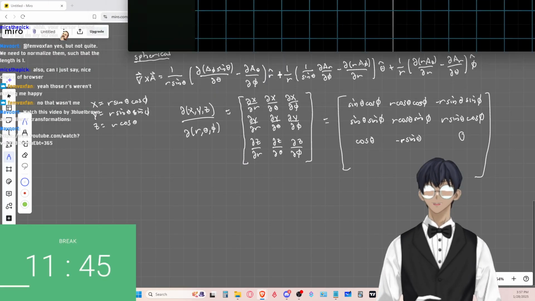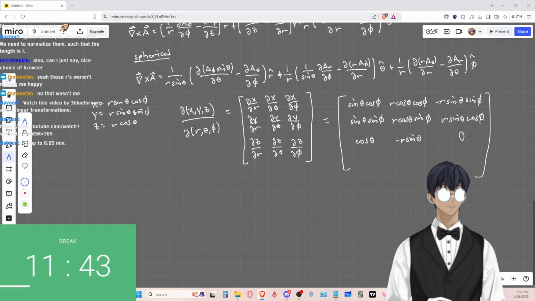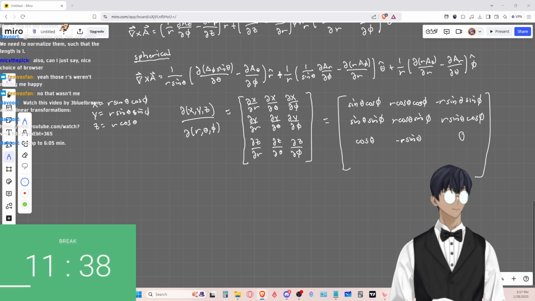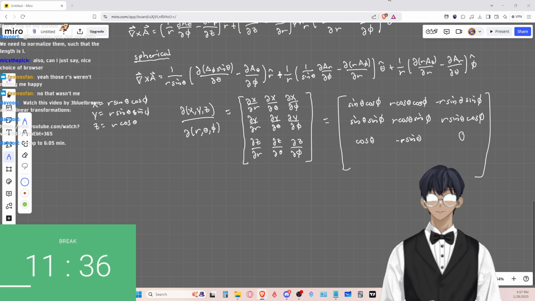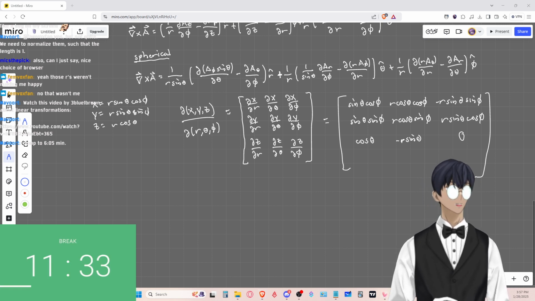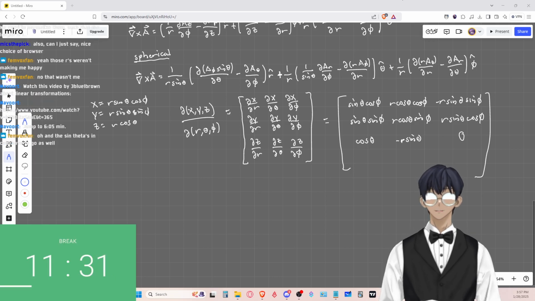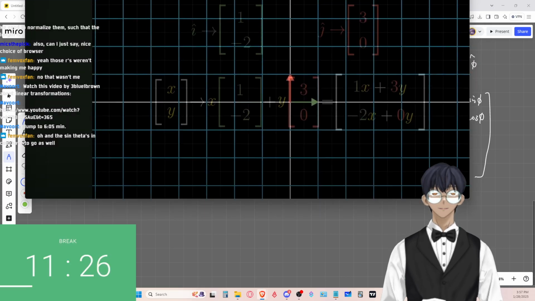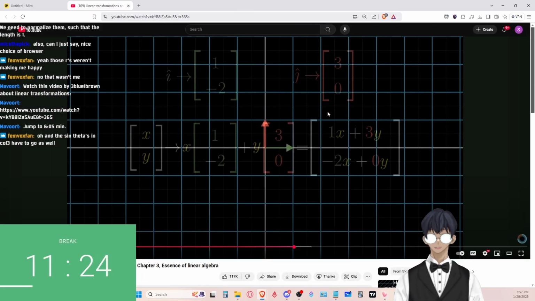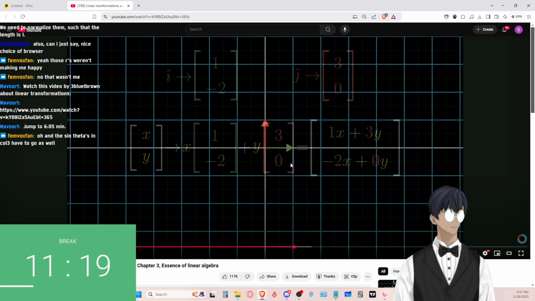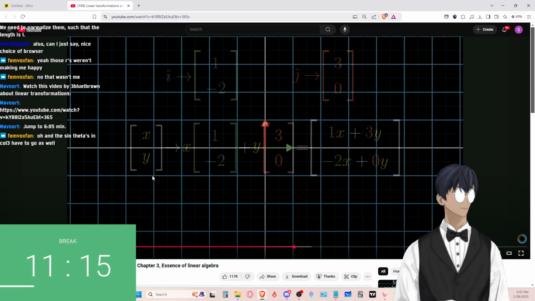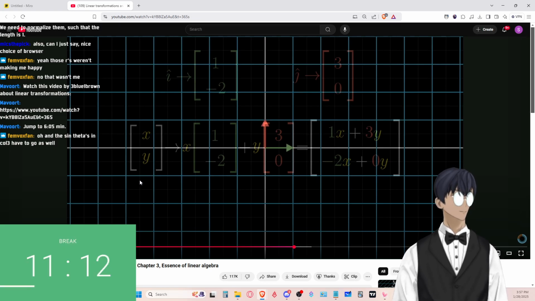I didn't finish it. Okay. I guess we'll look into it. Oh, we're actually at the right point. Oh, the sine of thetas in column 3 have to go as well.